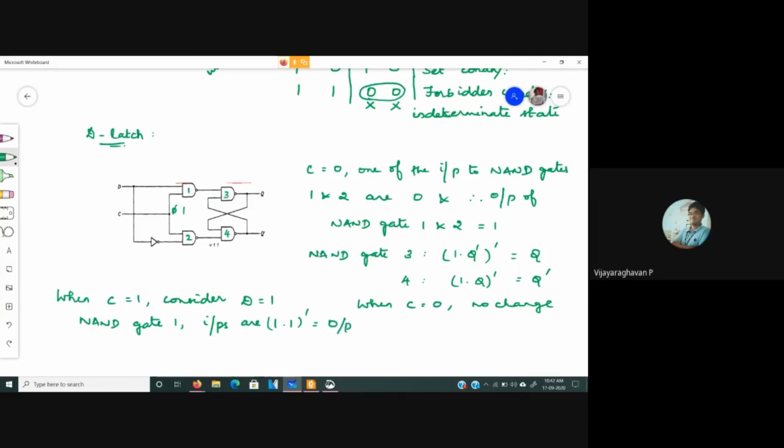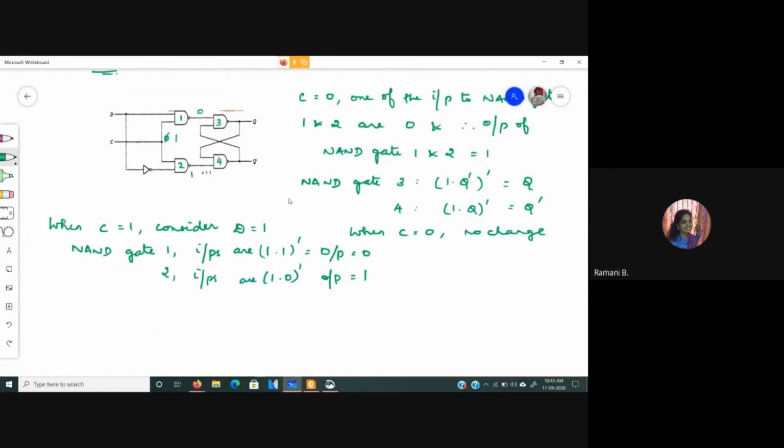Yes, ma'am. And with the second NAND gate, the inputs are 1 ANDed with 0, because this is D bar. So the output is equal to 1, right?